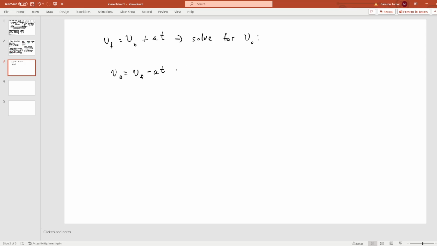And then plug into equation 3, right? But equation 3 says V naught squared plus 2AX is equal to VF squared. So I need to square this. I don't need parentheses.